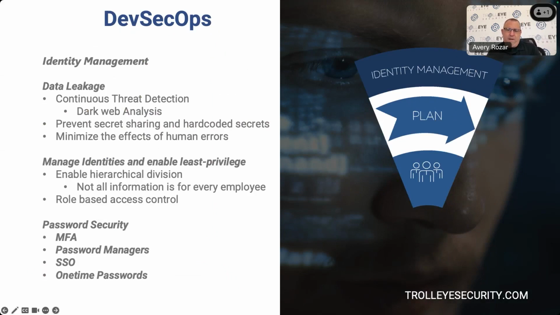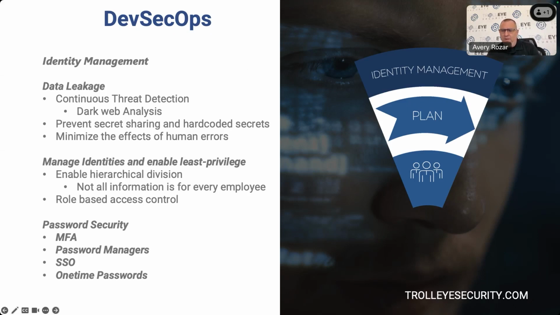We find usernames, passwords, session tokens, and that should be done on a continuous basis, constantly looking for new threats that are out there that would allow an attacker to potentially get into an application based on leaked information, leaked secrets.